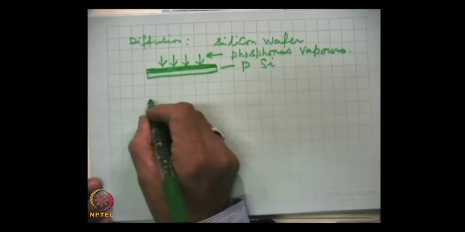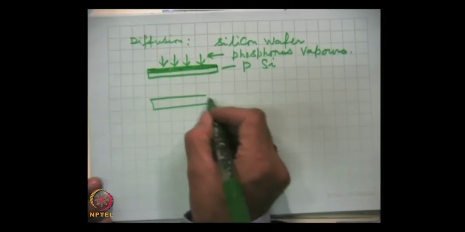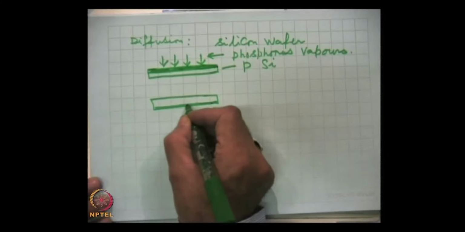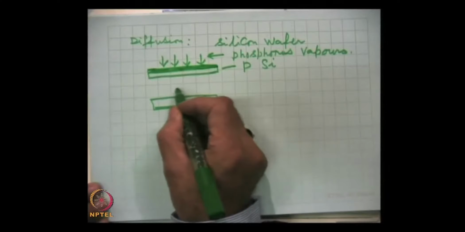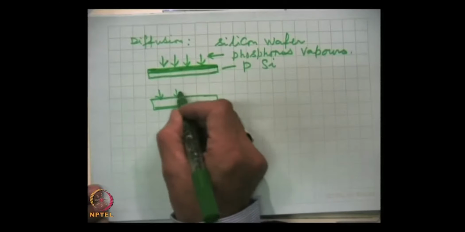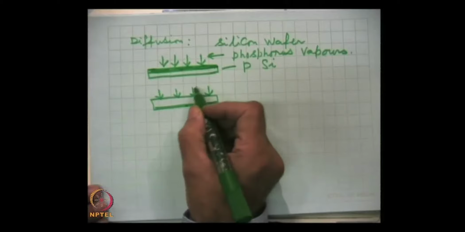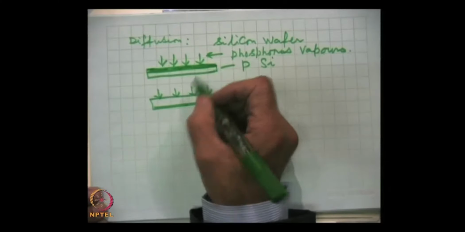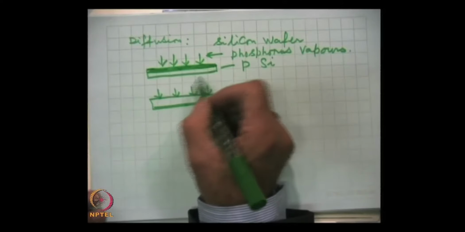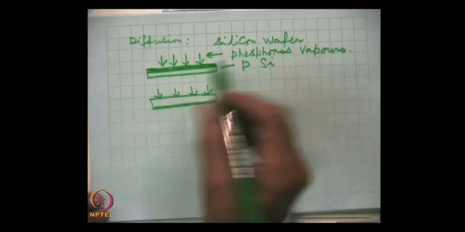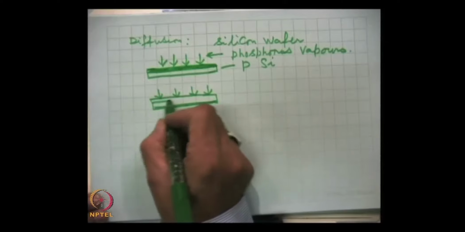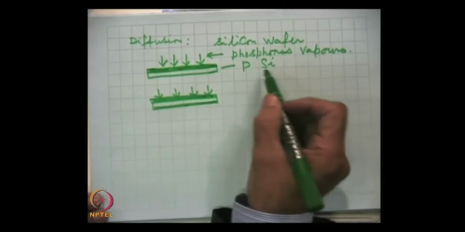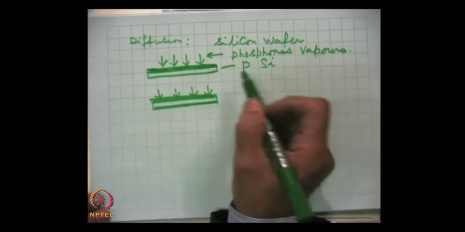So, when we reverse it, this already contains the n type semiconductor here, then we again expose it to a pentavalent impurity of different vapor pressure. So, an n type semiconductor will be created here. We started with a p type semiconductor.